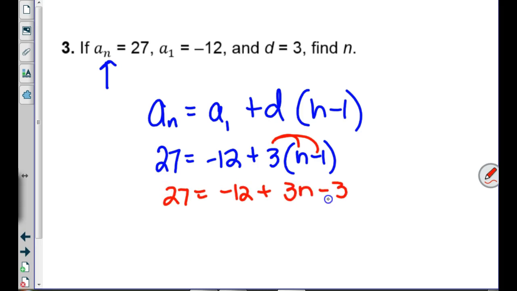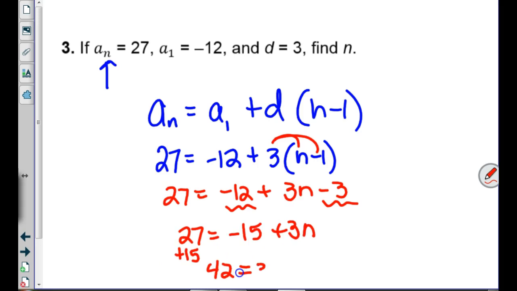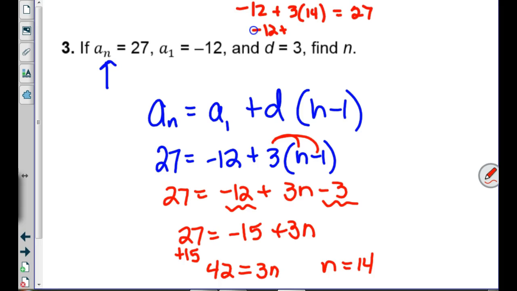3n minus 3. If we combine like terms over here, we have negative 15 plus 3n. We add 15, we're at 42. So n is 14. I don't know if that works. Negative 12 plus 3 times 14 should be 27. What did I do wrong?